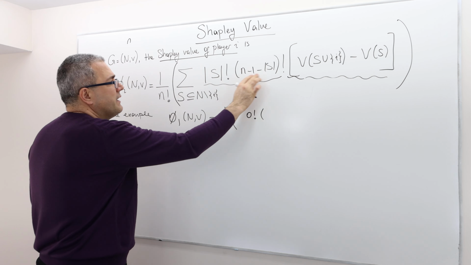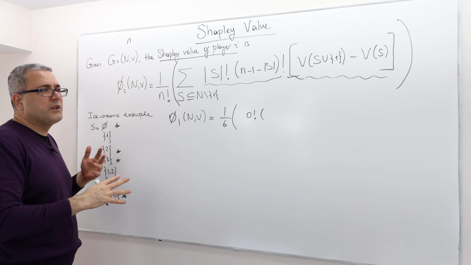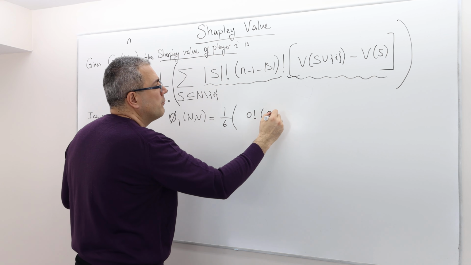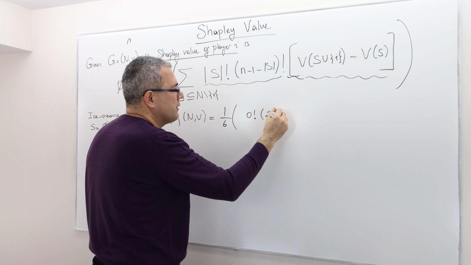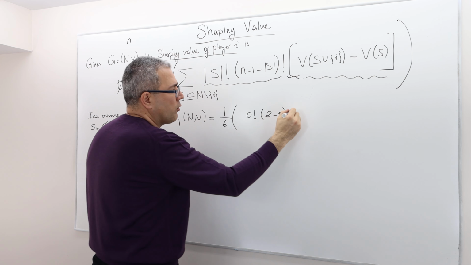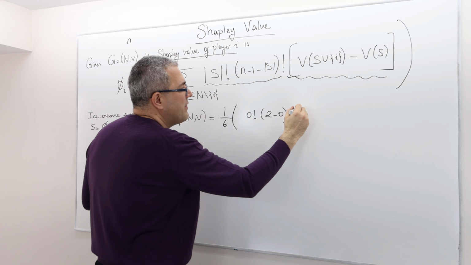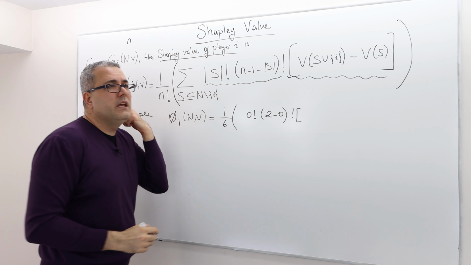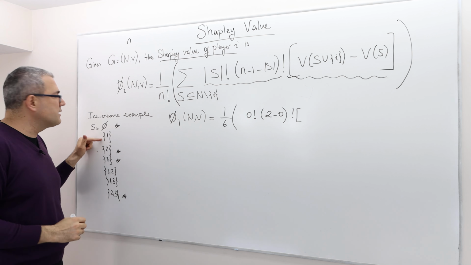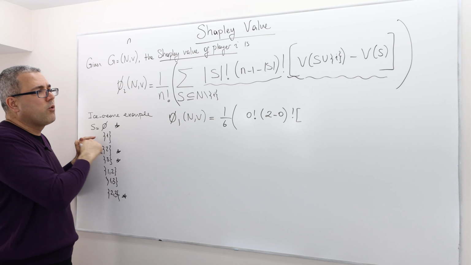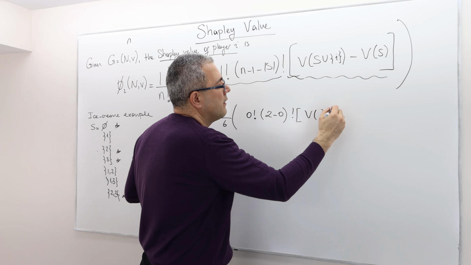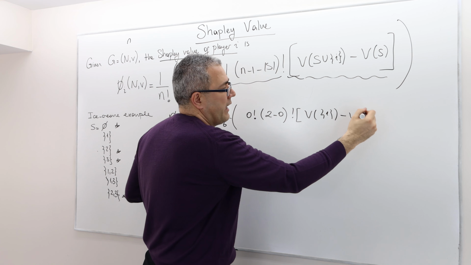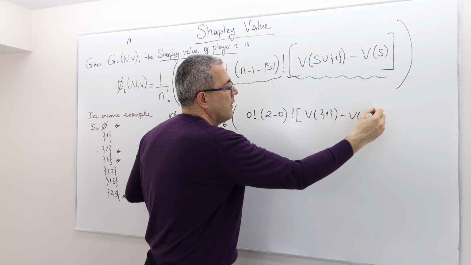Times this term, n minus 1, which is 3 minus 1, 2, minus the number of players in S, which is the empty coalition, so 0. Factorial, don't forget that. And then player 1's contribution to the empty coalition, which is basically V of 1 minus V of the empty set.